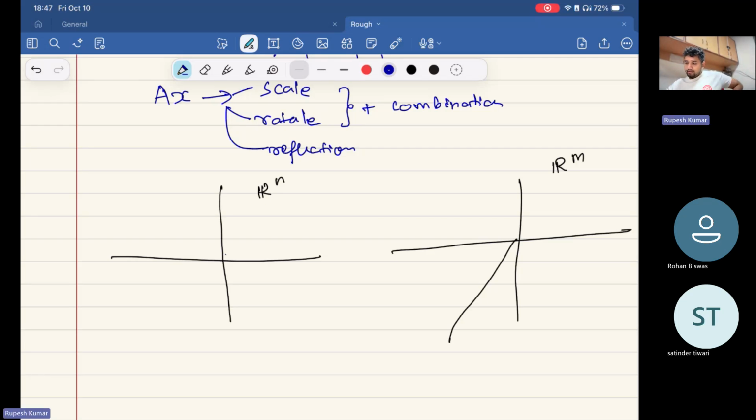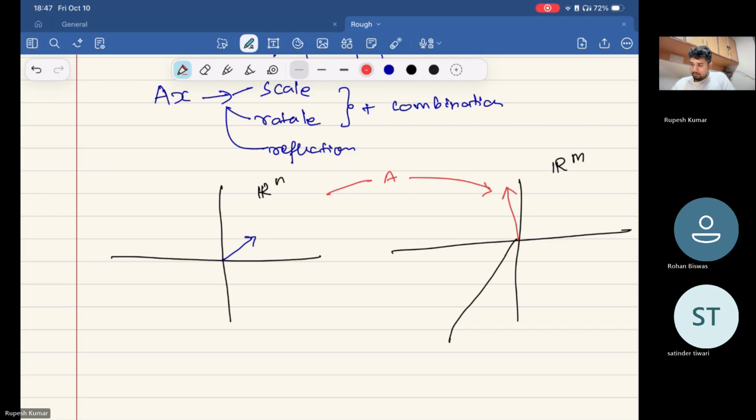If you choose any vector in the Rn space, you know that it will be transformed into some vector in the Rm space. This is something that we agree on. It's a linear transformation, so if you multiply it with the matrix A, you will get some vector in the Rm space.